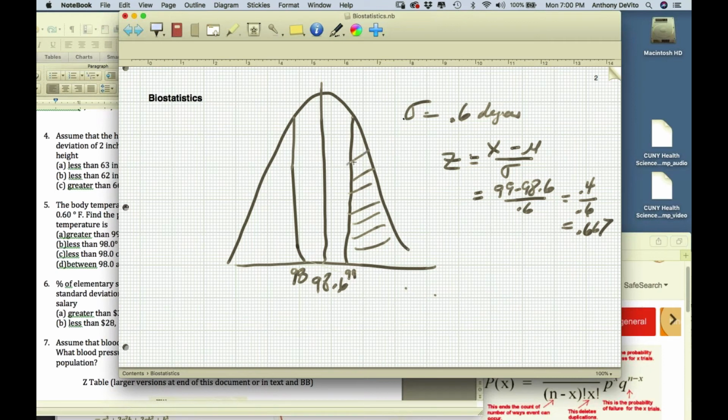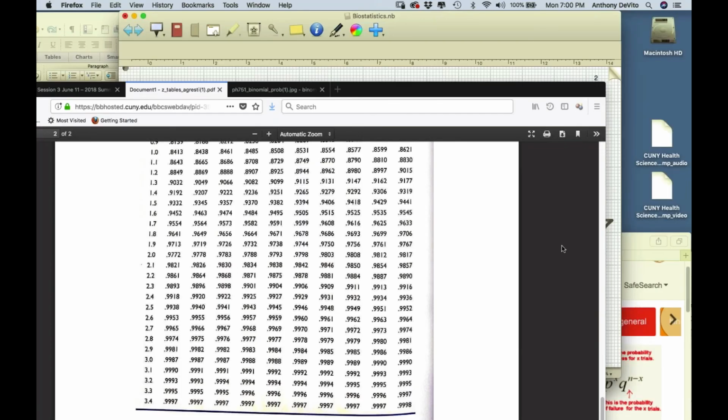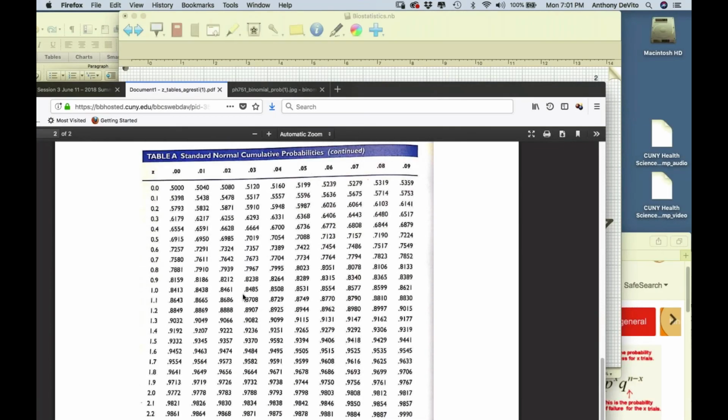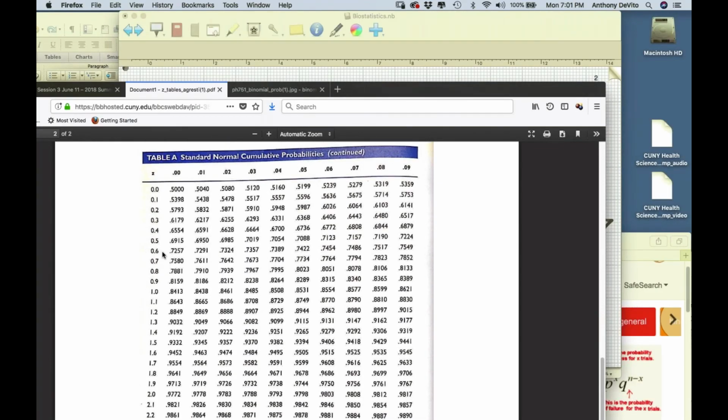I want to know what area this represents above it. I know my table is only going to give me the area below that. So let me go to my table here. A positive z-score of 0.67 represents an area of 0.7486.